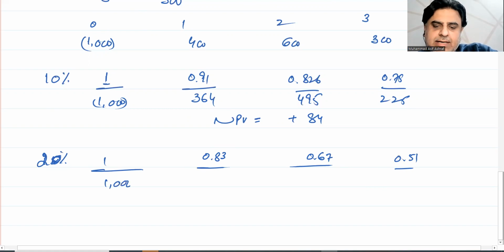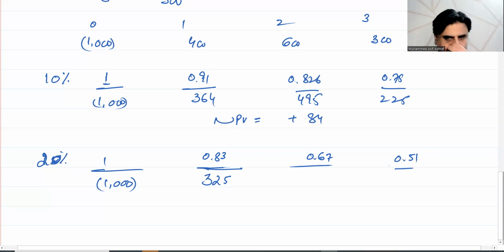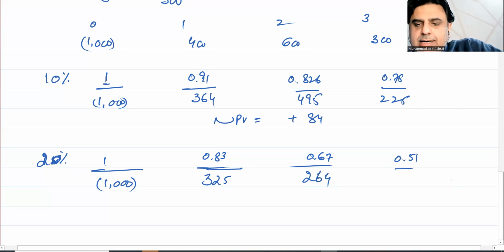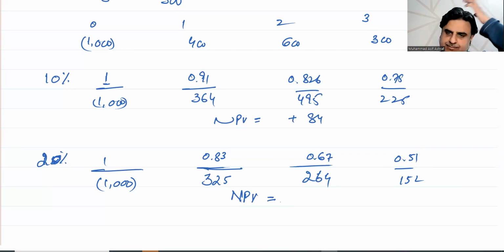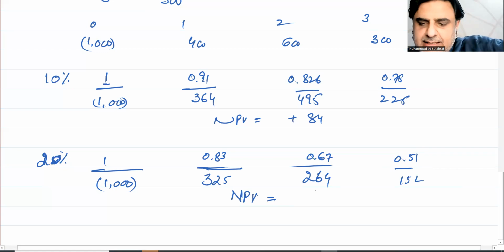Here we have 1,000 negative. 400 into 0.83, I am just assuming, okay? This is 325, 600 into 0.6 is 264. And here we have 152. So NPV of almost 260 negative.